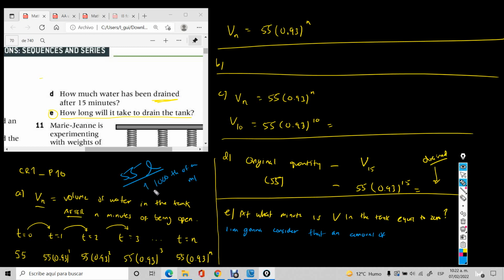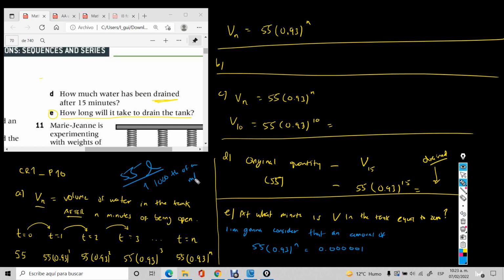If we consider this 1/1,000 of a milliliter, and we look for the time at which there is this much water in the tank, it would be like this: 55 times 0.93 to the n equals 0.000001.